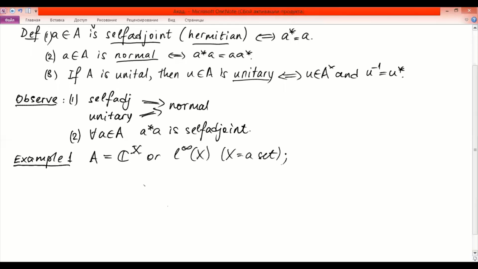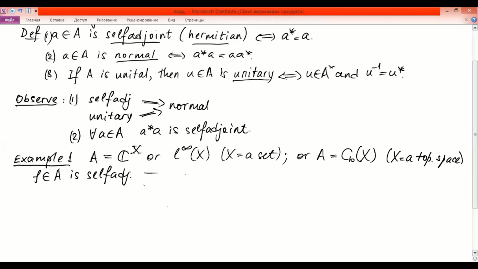Or we can also take the algebra of continuous bounded functions on a topological space X. Then it's clear that an element f, so a function f in our algebra, is self-adjoint if and only if it is real, if and only if f of x is real for each x.